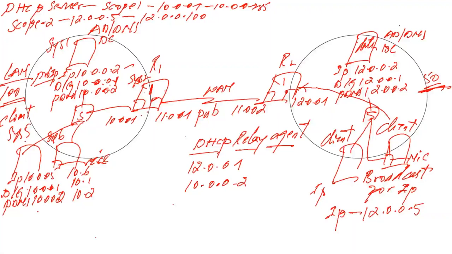Write down, next line, create the scope: start IP address 12.0.0.5, end IP address 12.0.0.100.